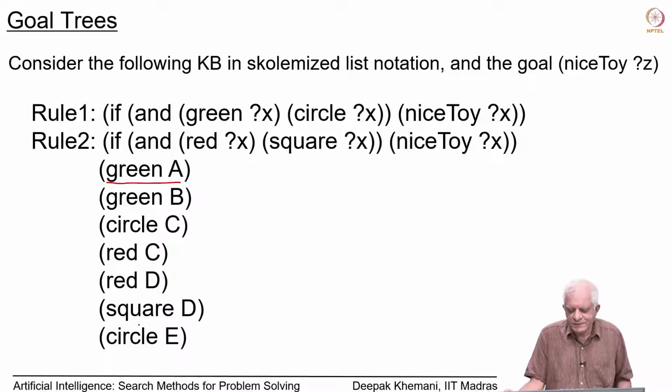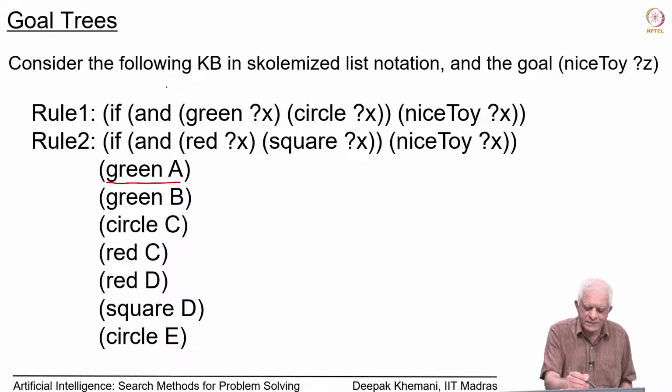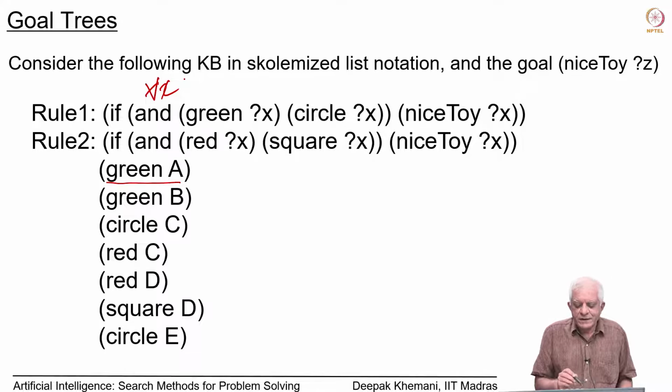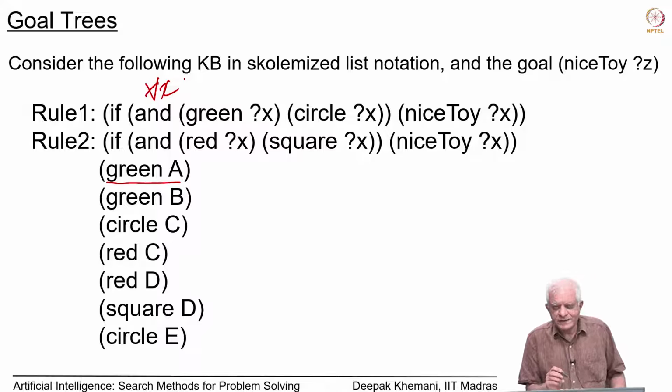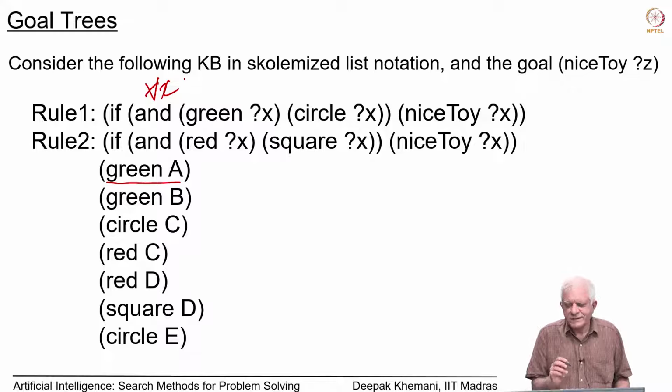Okay. There is some child who prefers these kind of toys, and one rule says that for all x, remember again there is an implicit for all x sitting here. If x is green and x is a circle, then it is a nice toy. Let us say we are talking about the base of a block or something like that. That is one rule. It must be green and it must be circular essentially.